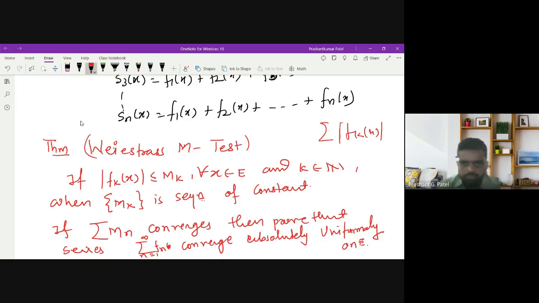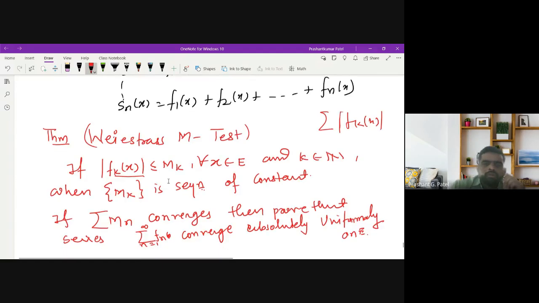So I can say that this series of fn converges absolutely and uniformly on E. So ultimately, if the sequence is bounded by some constant sequence of numbers, then we can say that this series is uniformly convergent.